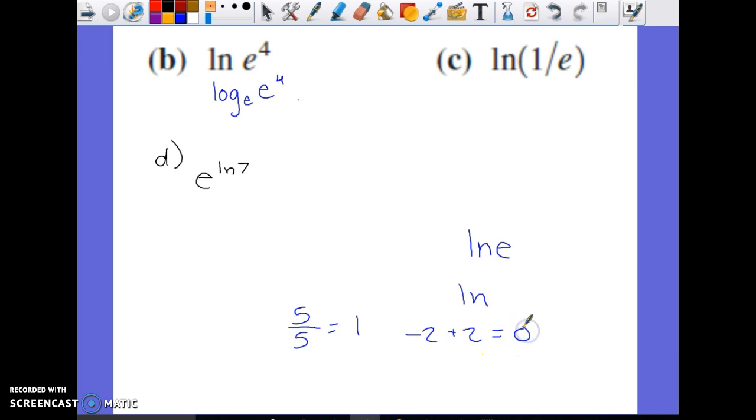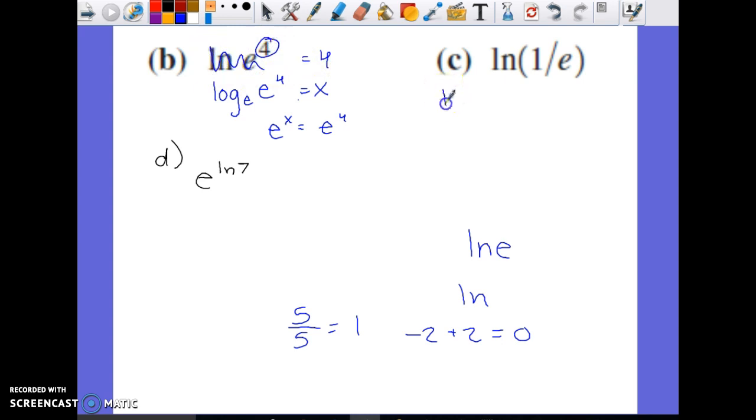I'm going to get 0, okay? So what's nice is that when you see e and ln, they cancel each other out a lot. So you'll start to pick up on that. But using my blah to the blah equals blah stuff, you can say e to the x equals e to the 4th. What makes that a true statement? 4. So all this ln and e stuff kind of cancels out, and there's your answer.